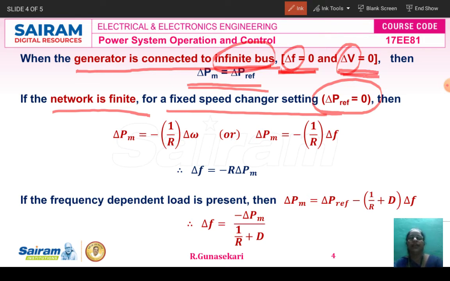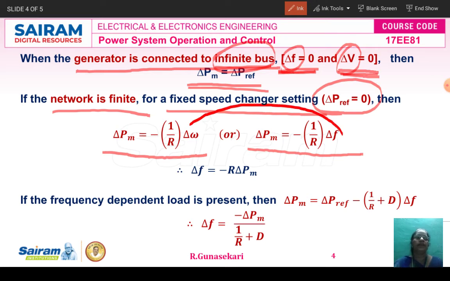Finally we are getting del PM equal to minus 1 by R into del omega, that is, del PM equal to minus 1 by R into del F. Del omega and F both are directly proportional because the speed changer setting is fixed. Fixed means 0 if the generator is connected to finite bus.